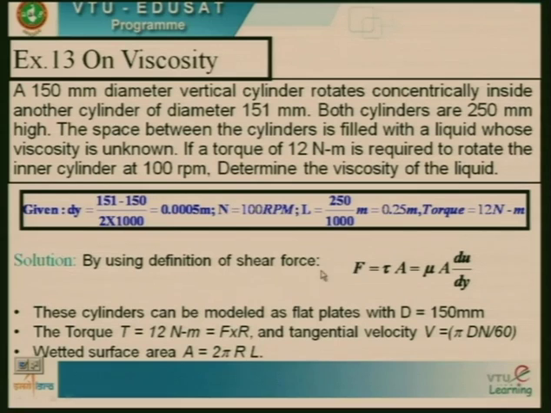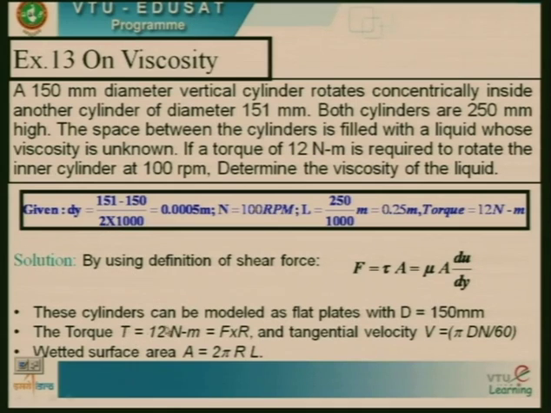By using the definition of the shear force, which we have done earlier also, F is equal to shear stress into area. Shear stress is given by Newton's law of viscosity, the formula is mu into du by dy. These cylinders can be modeled as flat plates with diameter d 150.